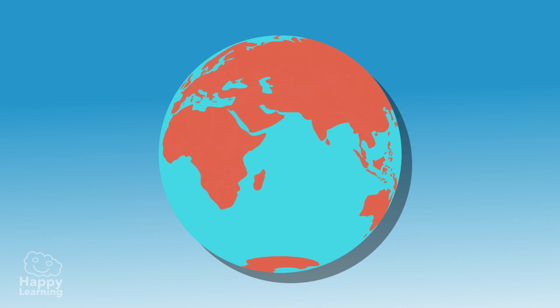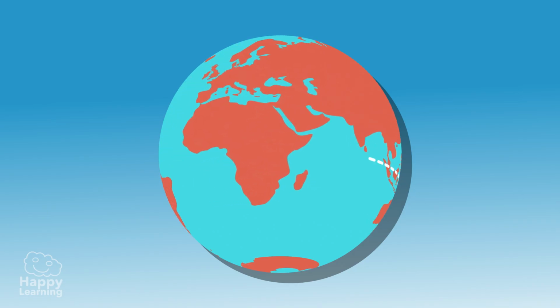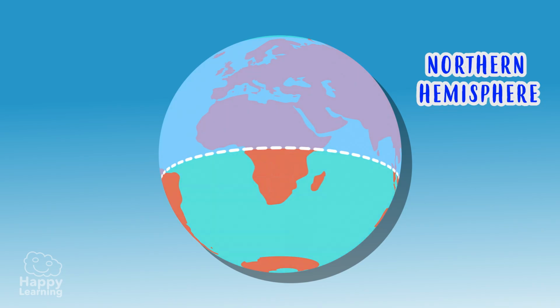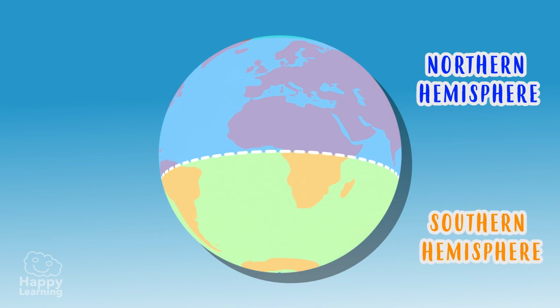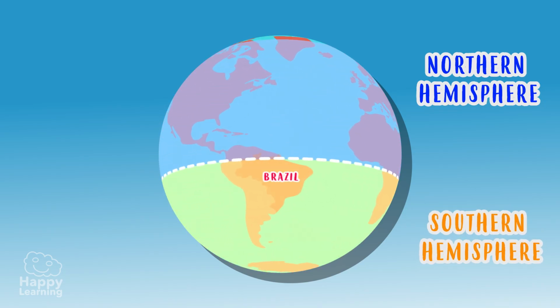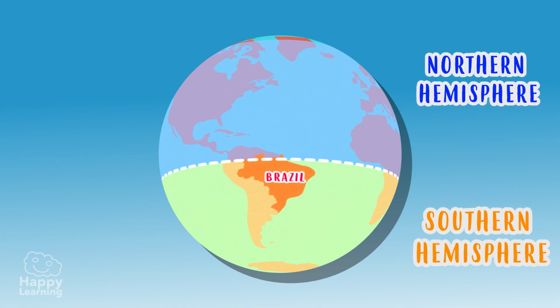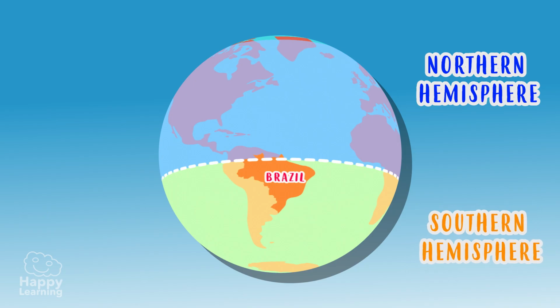The globe also allows us to divide the Earth into two halves, the northern hemisphere and the southern hemisphere. Where would you place Brazil? Very good. A small part in the northern hemisphere and a larger part in the southern hemisphere.